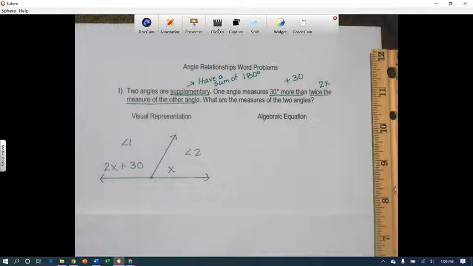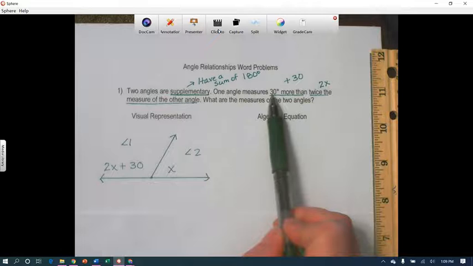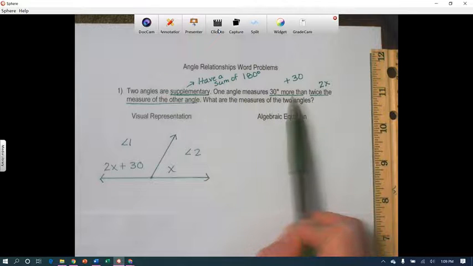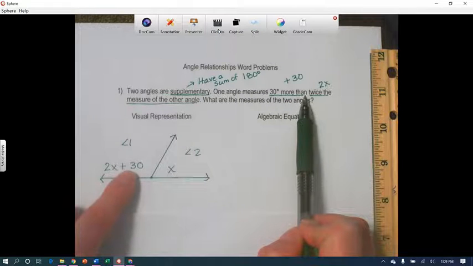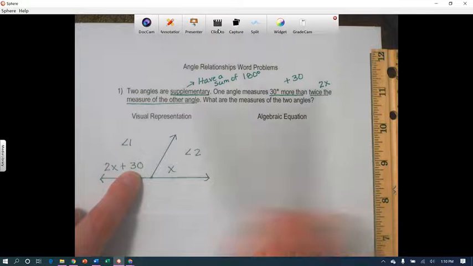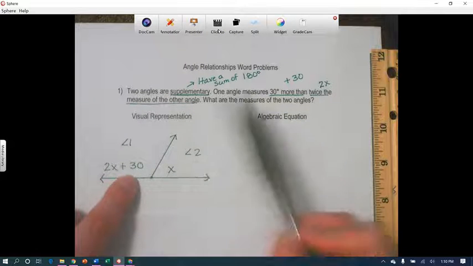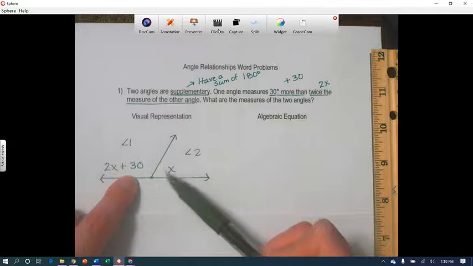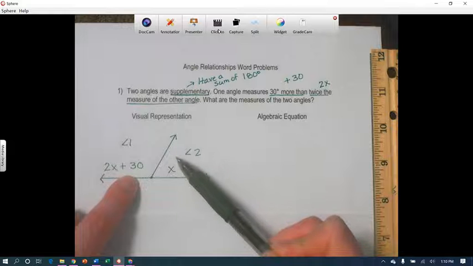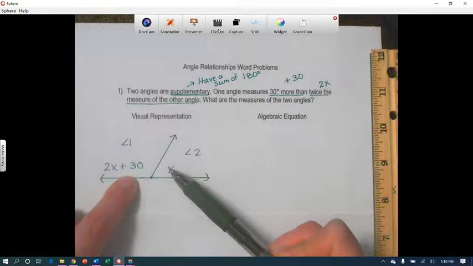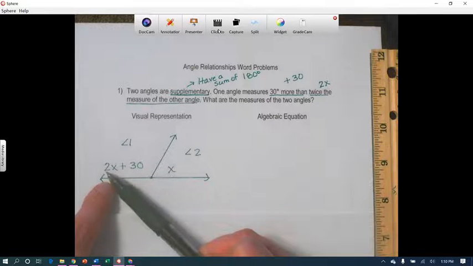So I'm going to reread that again and make sure I'm correct. One angle measures 30 degrees more than, that's that right there, plus 30, twice the measure of the other angle. I don't know what that other angle measures, so that's represented with my variable of x. Twice that is 2x.